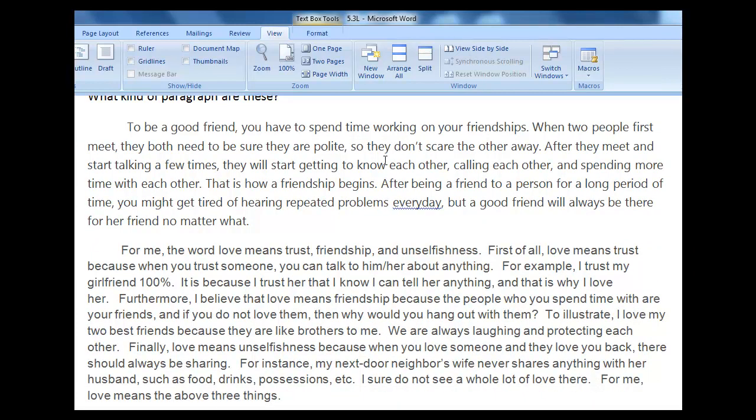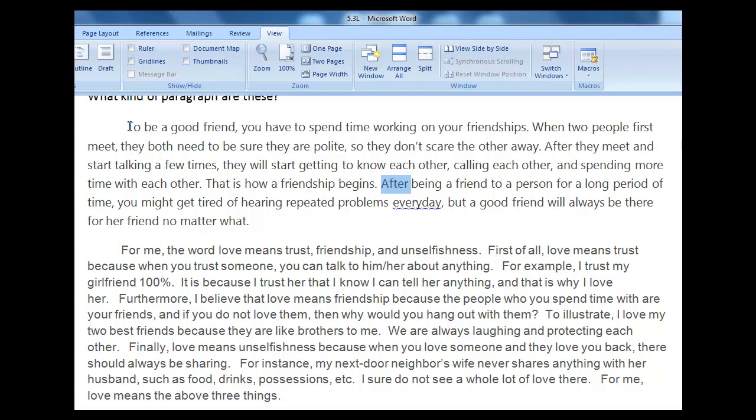Here we have two paragraphs. This one, to be a good friend you have to blah blah blah. When people first meet, they need to be polite. After they meet, they start talking, they will get to know each other. After being a friend to a person for a long time, you might get tired, but a good friend will always be there no matter what.